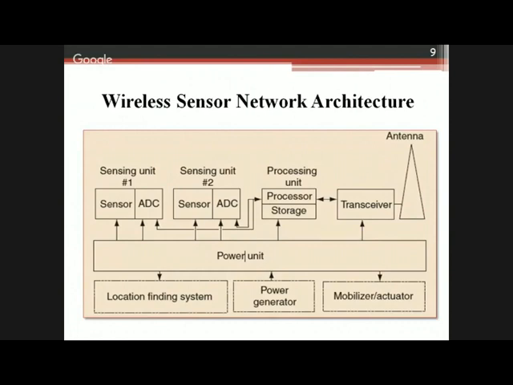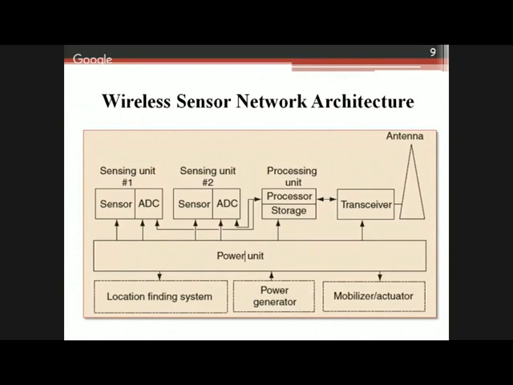And once your signals are sensed by the sensors, they have to be converted into digital form. That's where the analog to digital converters come into the picture, as I've already told you. That digital form of the data is transmitted to the processing unit, and that's where your embedded part comes into the picture.